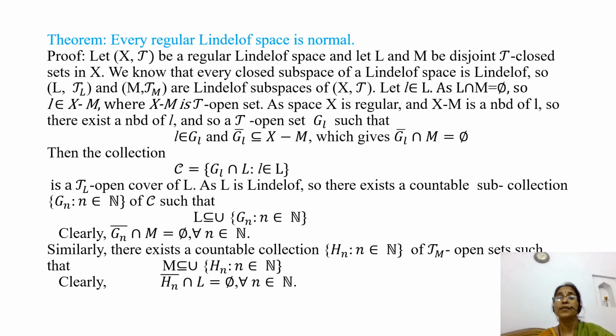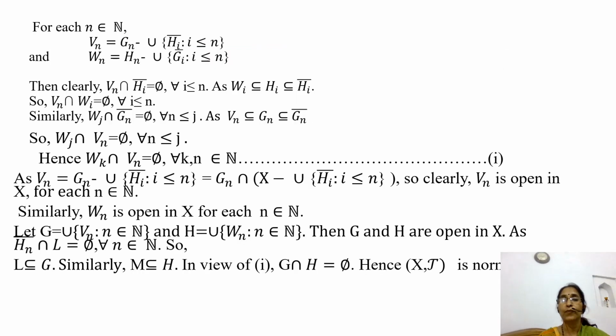And similarly, there exists a countable subcollection Hn, n belongs to N, of Tm open sets such that M is contained in union of Hn, n belongs to N, and Hn closure intersection L is phi for every n belongs to N. For each n in the set of natural numbers, we define Vn equal to Gn minus union of Hi closure for all i less than or equal to n.